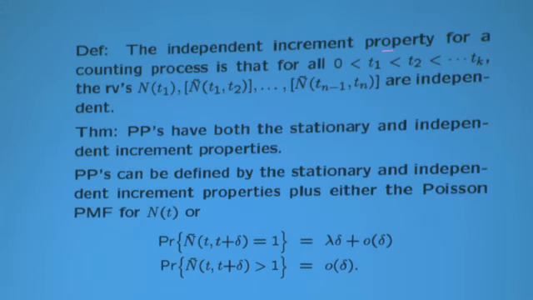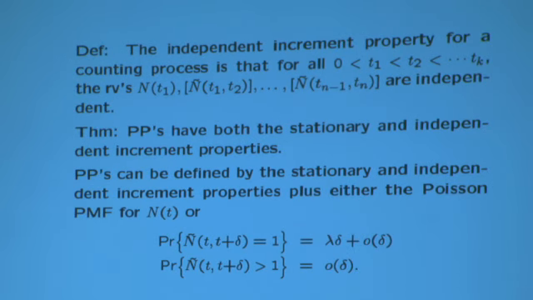That's what this independent increment property says. And we see from what we've said about this memoryless property that the Poisson process does indeed have this independent increment property. Poisson processes have both the stationary and independent increment properties.